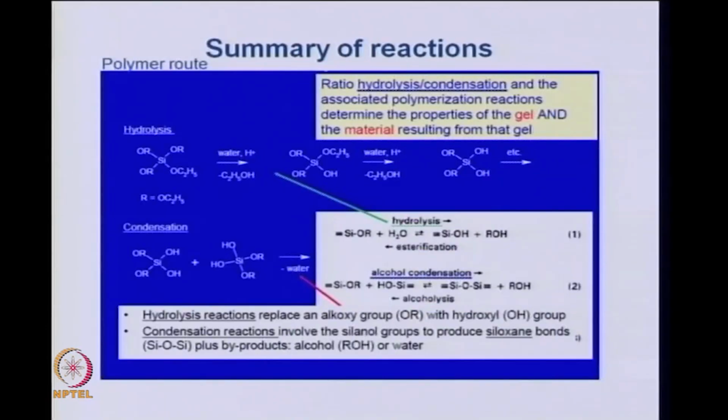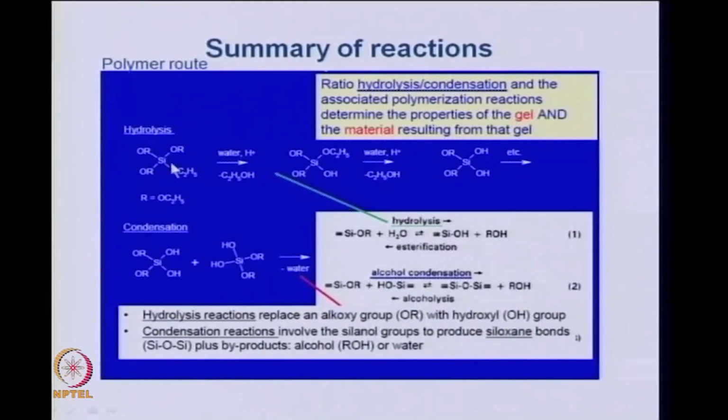Now, this polymer route of making nanostructured materials through the sol gel polymerization route is again shown here, where the two important steps are again shown, where you have the hydrolysis step.